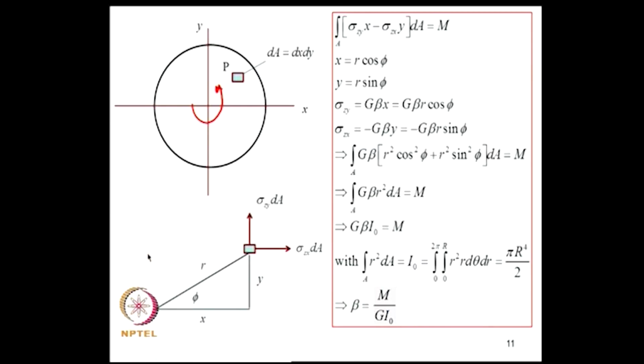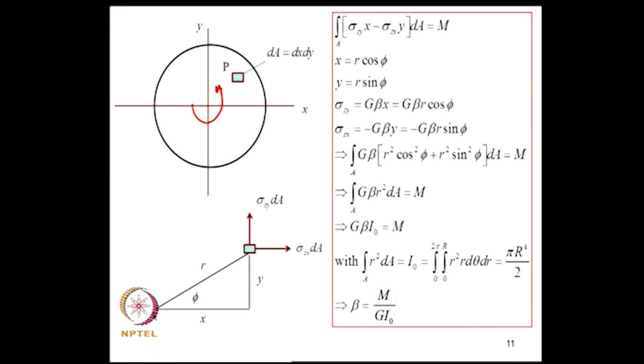So, the boundary condition for that: you can construct that there will be a stress acting in the x direction, sigma zx, which is shown here, sigma zx into dA, and on this face there will be sigma zy into dA.